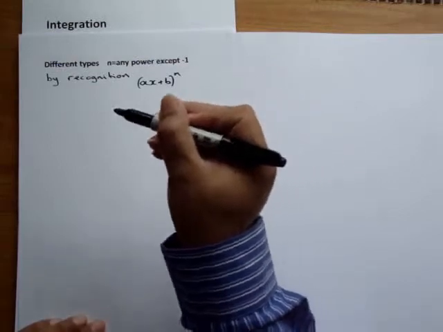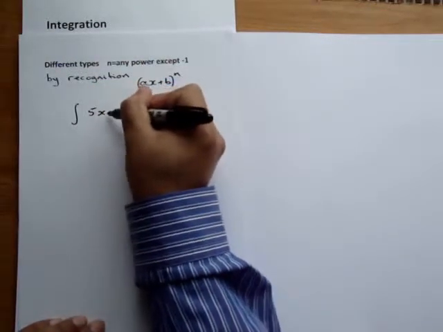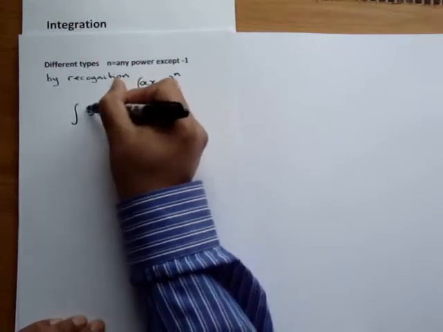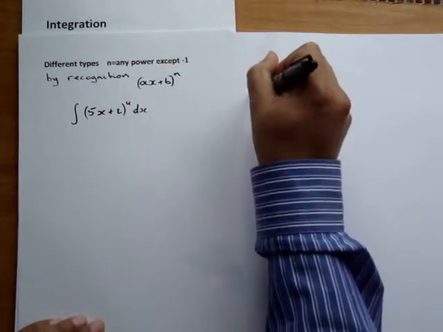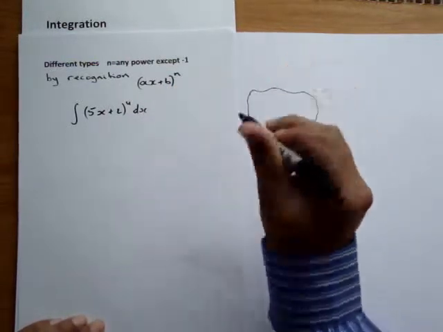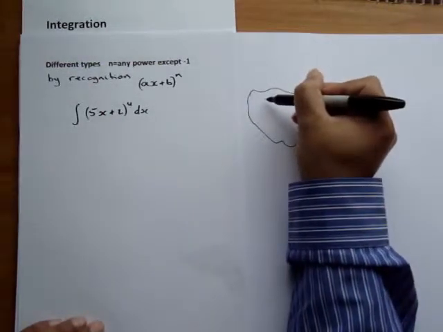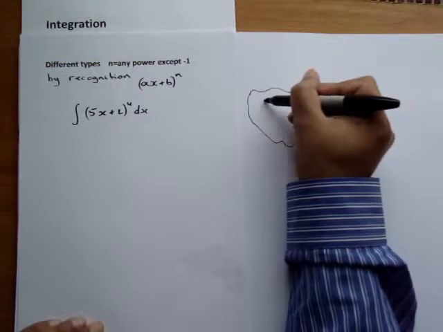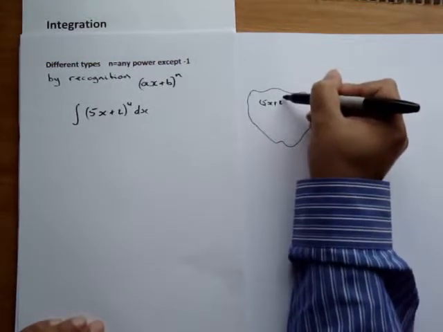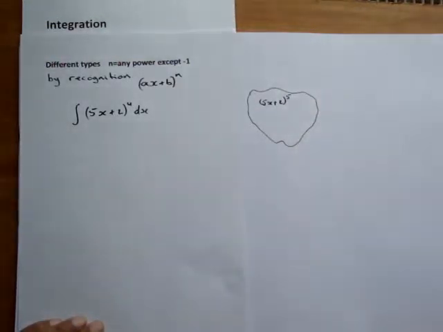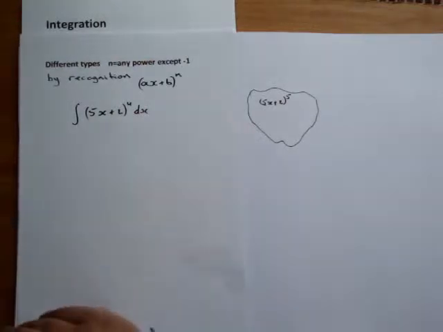So if we have something like the integral of 5x plus 2 to the power 4 dx, if we think back to our chain rule, we would have to differentiate something like 5x plus 2 to the power 5 to get back to 5x plus 2 to the power 4.